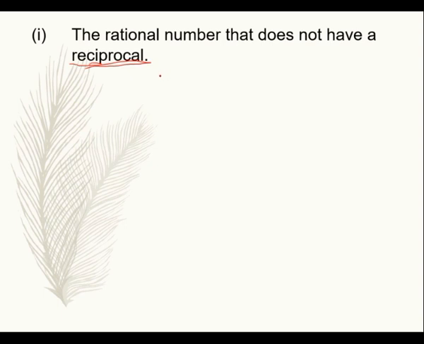What this multiplicative inverse property tells is, for any rational number a by b, considering a by b as a rational number, we will have another rational number called b by a, where the product of those two rational numbers gives 1.